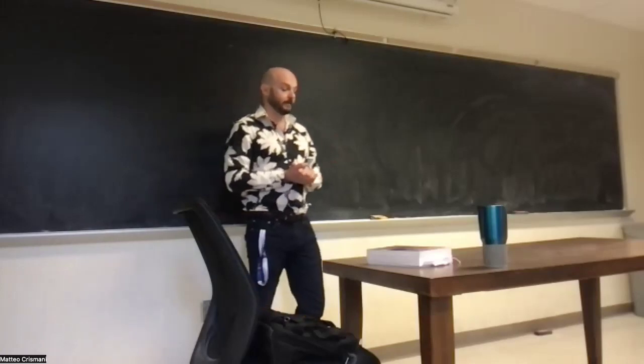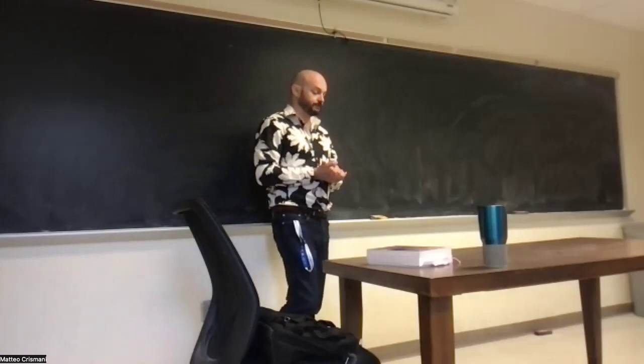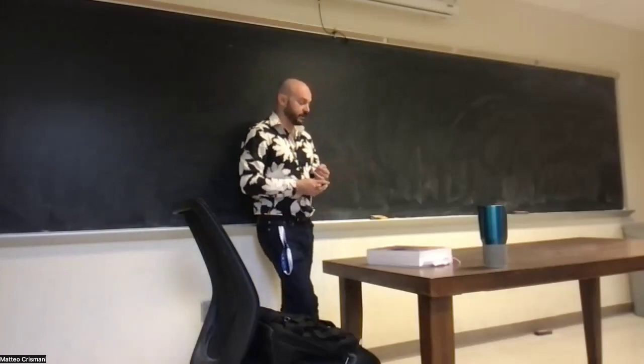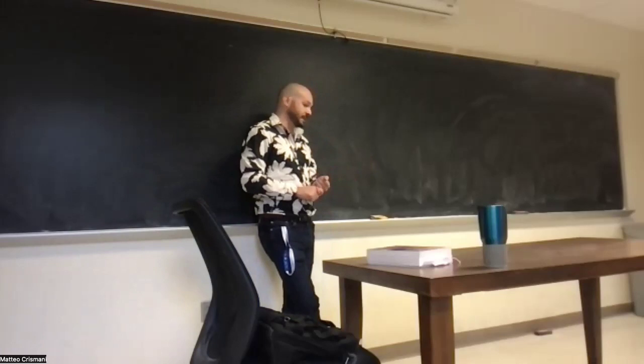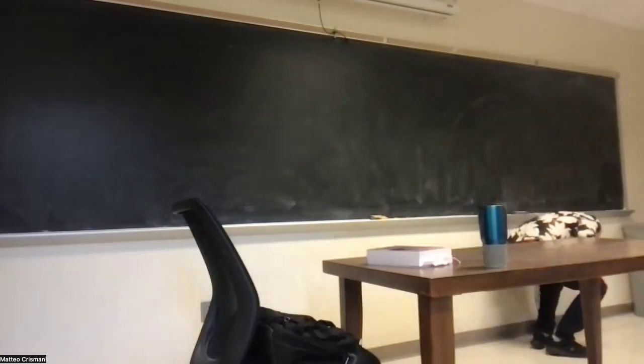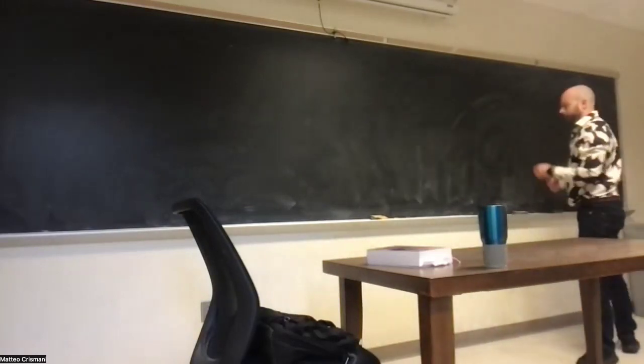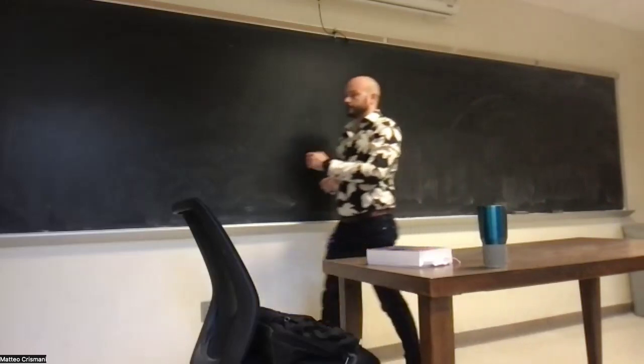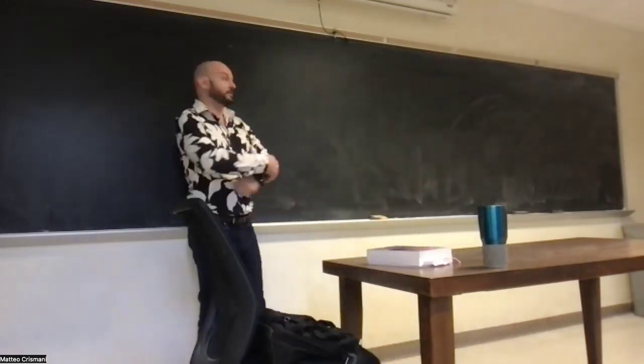Okay. So let's just warm up the brains. What are the words that we came up with last time? We said something like a tensor. What was that thing? No, just what's a tensor? Did we give a definition for that?